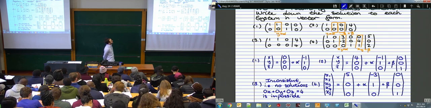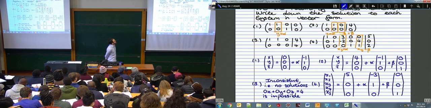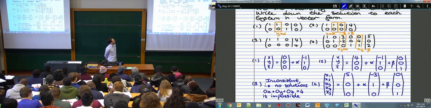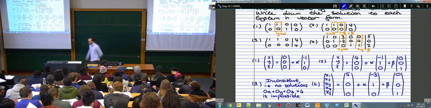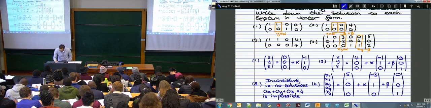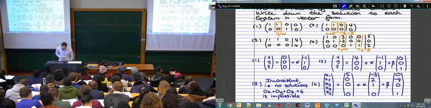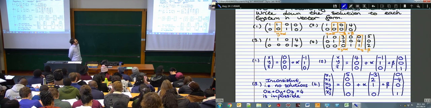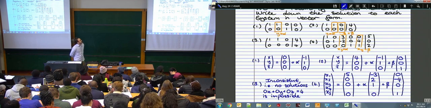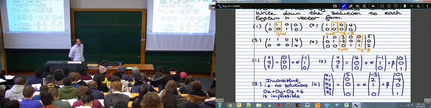For x2, we'll take a look at the second row. So we get x2 minus 2 alpha plus 4 beta is equal to 0. So x2 is equal to 2 alpha minus 4 beta. And then that last row is saying 0 x1, 0 x2, 0 x3, so it's saying x4 plus beta is equal to 2.